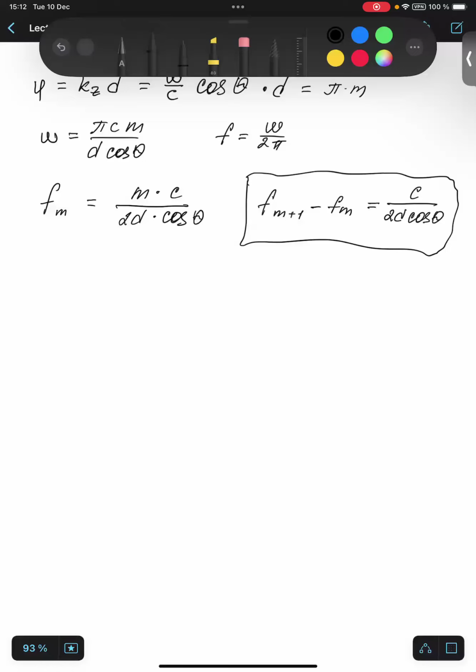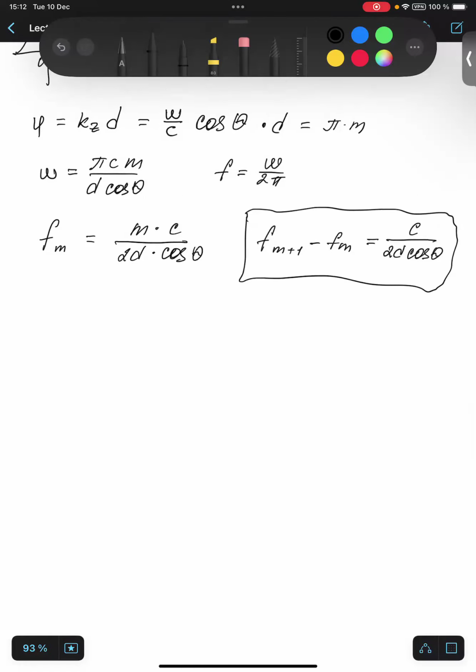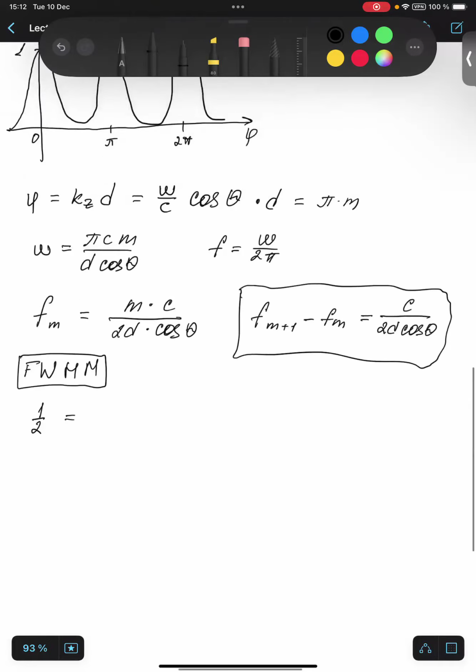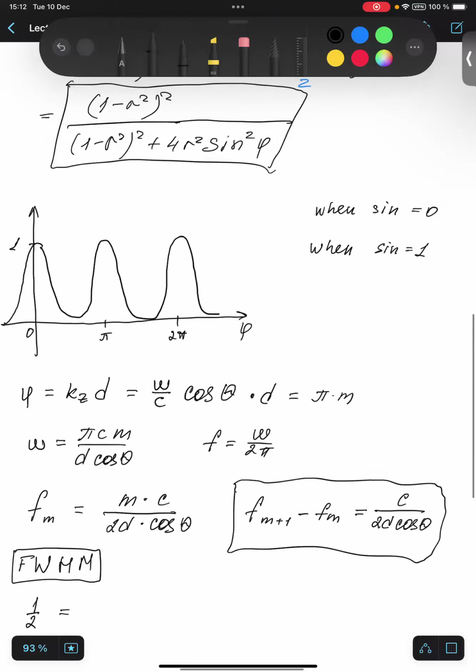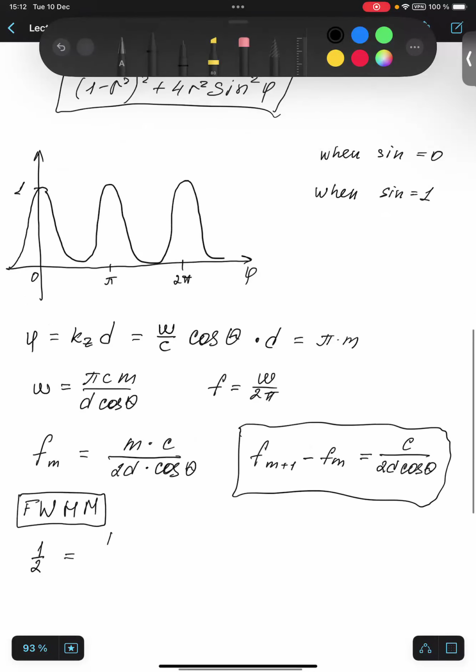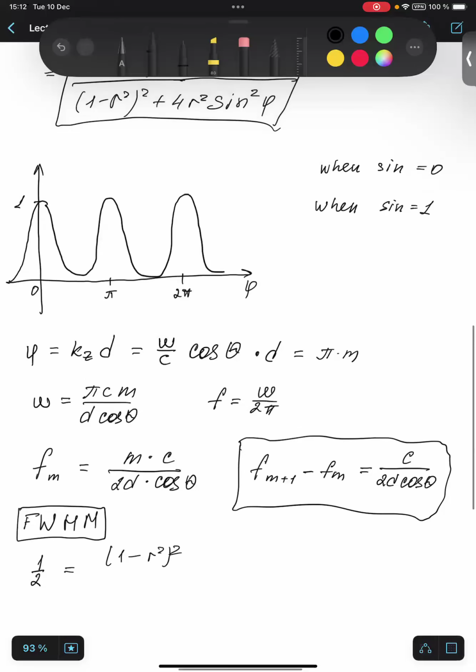Also, it is important to consider the full width at half maximum. So we know that at half maximum we have 1/2. I will call it full width at half maximum, and our expression, I will just rewrite it.